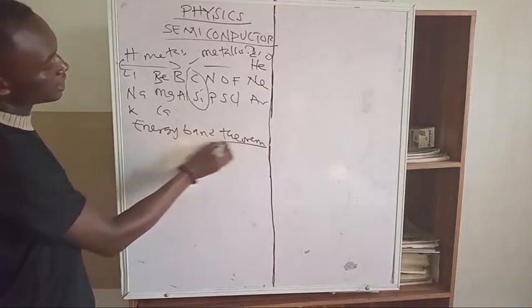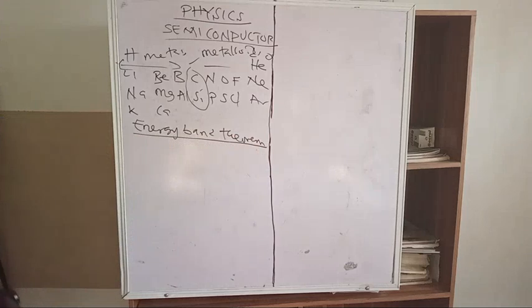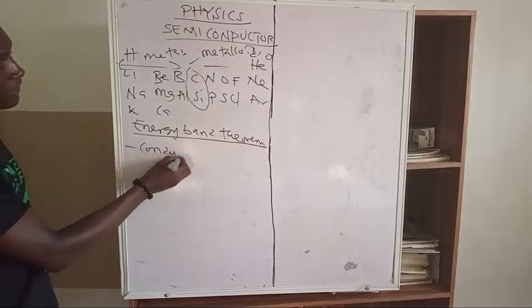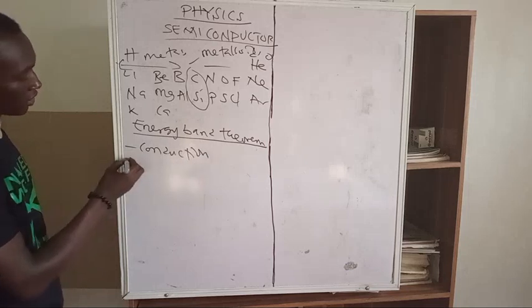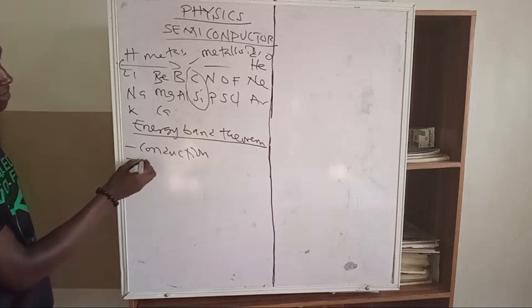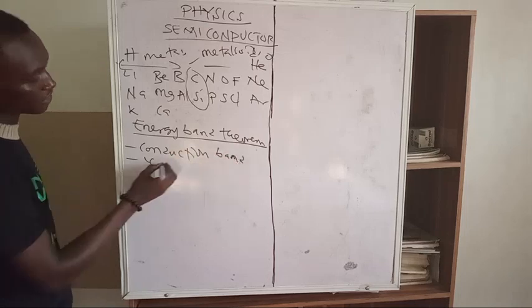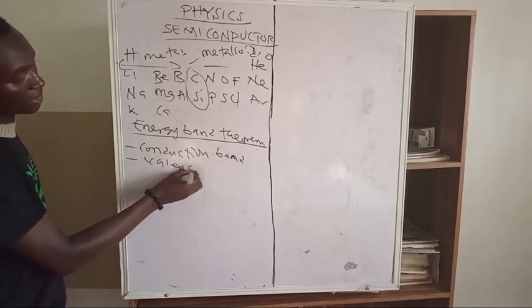In the energy band theorem, what we are looking at is the effect of the conduction band and valence band in the three different substances we have in physics.